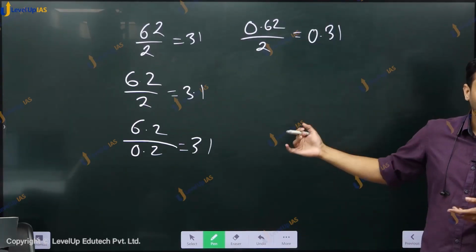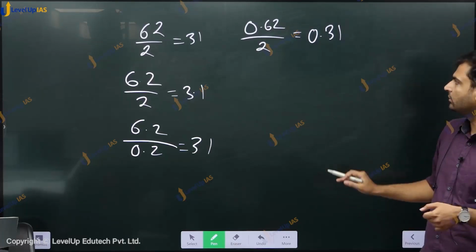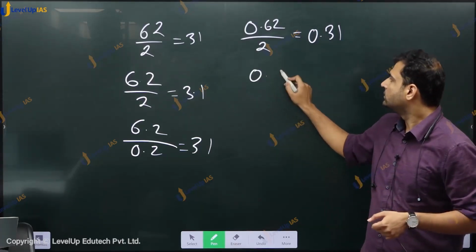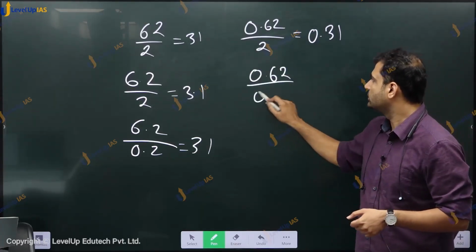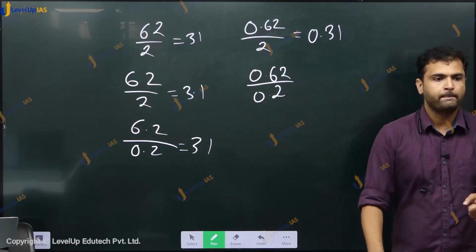I'll come to the working rule. We are just trying to get acclimated. 0.62 divided by 0.2, what will this be?